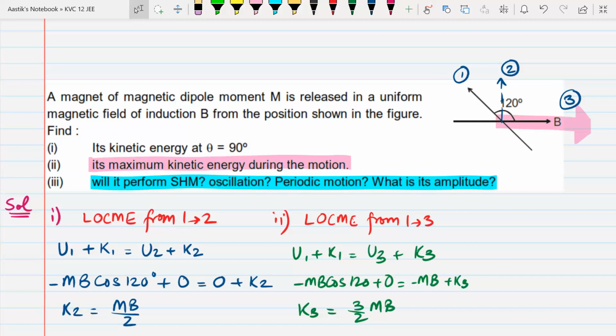What is the difference between periodic motion, oscillatory motion, and simple harmonic motion? Can you tell me that? What is a periodic motion?